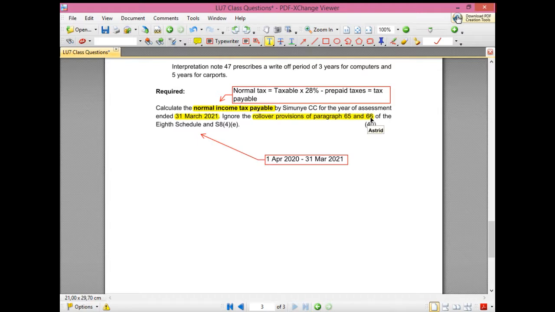If it was an involuntary disposal, which is 65, or a voluntary disposal for 66, and you were allowed to get capital allowances for them, and you acquire a new asset, then you can defer that recoupment over the same period as the original allowance. Now, because they tell you to ignore those provisions, you include the full recoupment amount in the question. Okay.